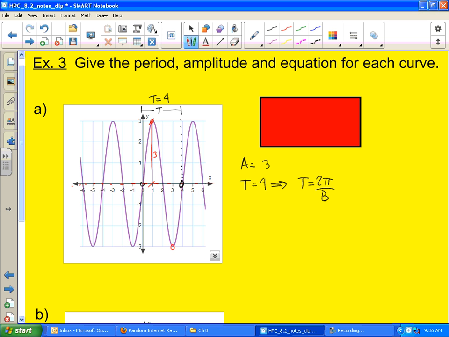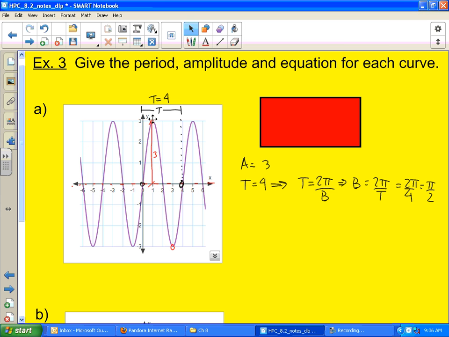So if I rearrange this equation, I would get that B is equal to 2 pi over the period. In this case, it's 2 pi over 4, which should be pi over 2.